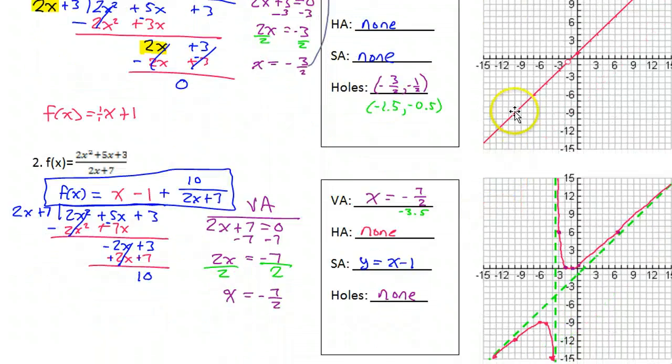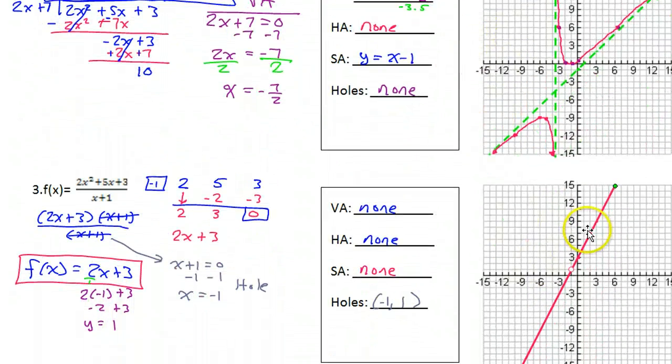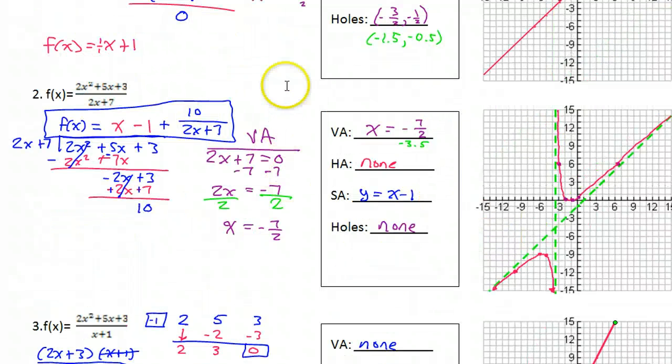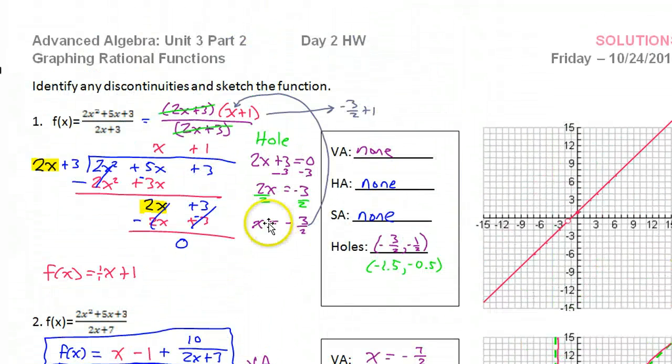What do they have in common, the 2 functions that just turned out to be a line and a hole? Well, we said it as we went along. There's 2 ways you could say it. Problem number 1 and problem number 3, the denominator divided evenly into the numerator. There was no remainder.